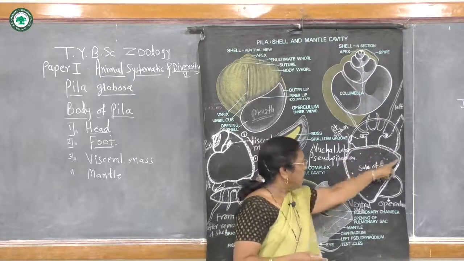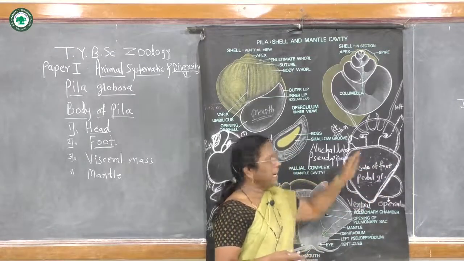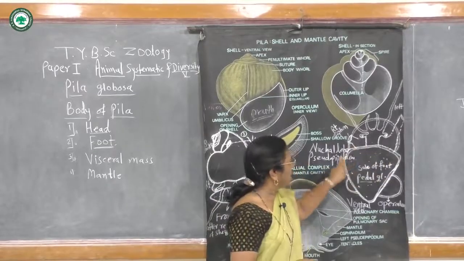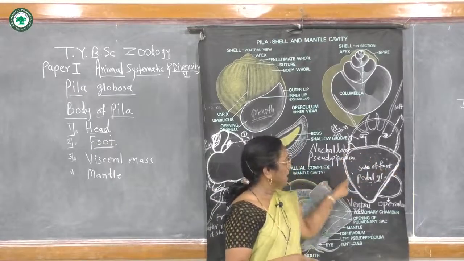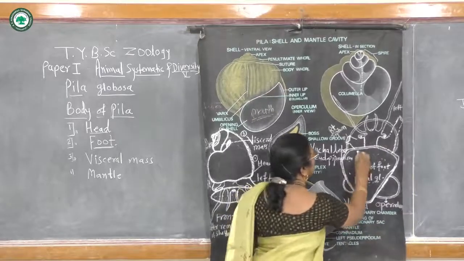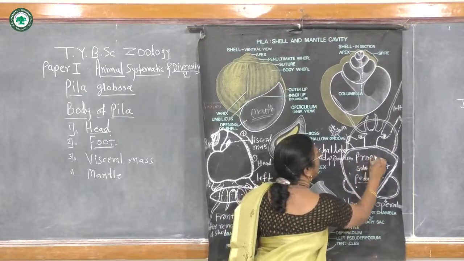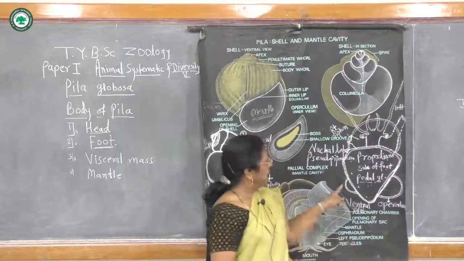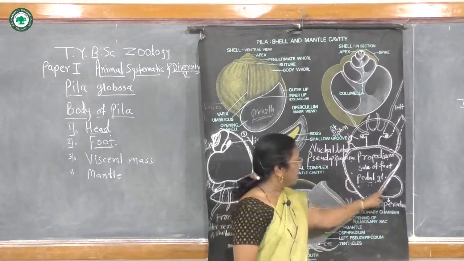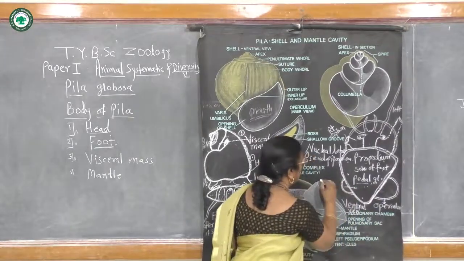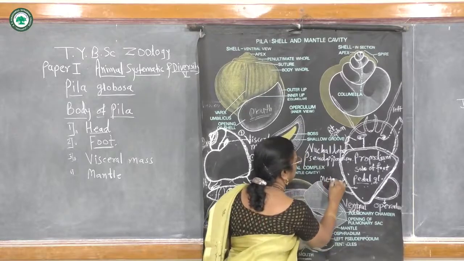This triangular foot is again divided into two parts. This broad anterior part is called the propodium. While the posterior narrow part is called the metapodium.